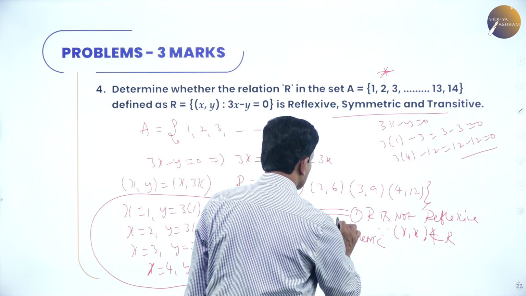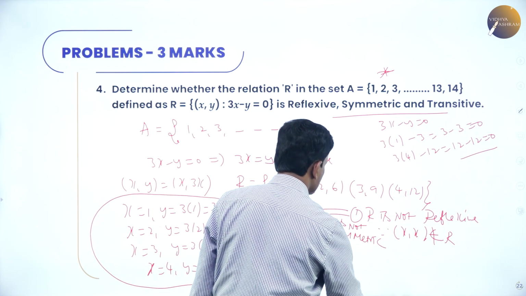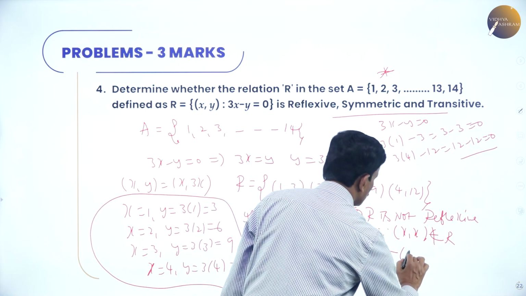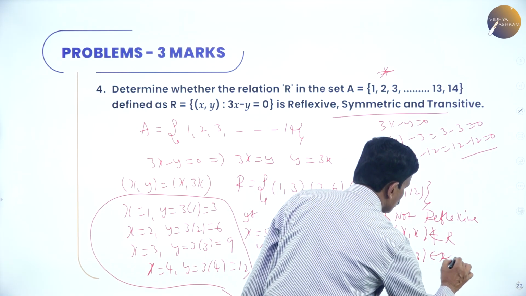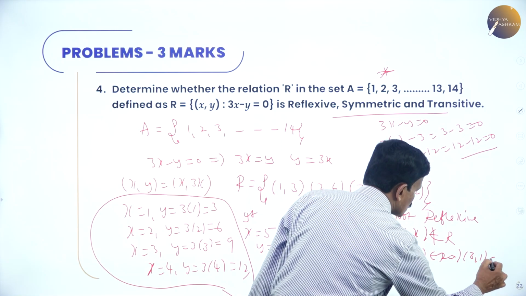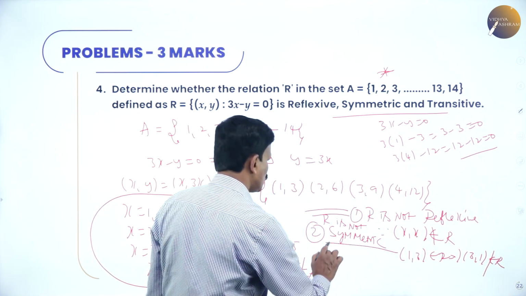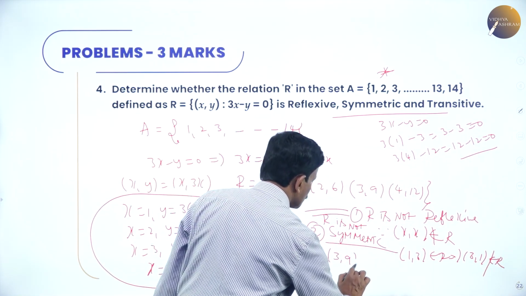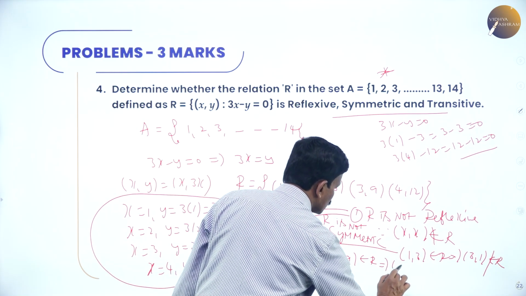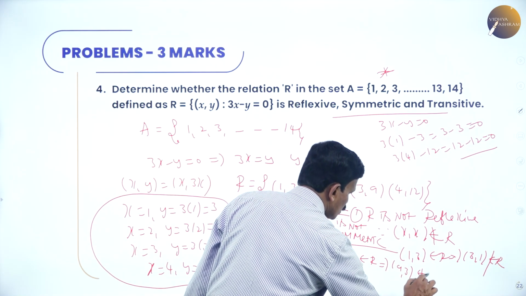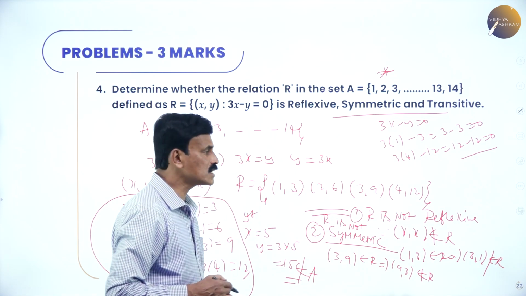R is not symmetric because (1, 3) belongs to R, but (3, 1) does not belong to R. Similarly, (3, 9) belongs to R, but (9, 3) does not belong to R. Therefore, R is not symmetric.